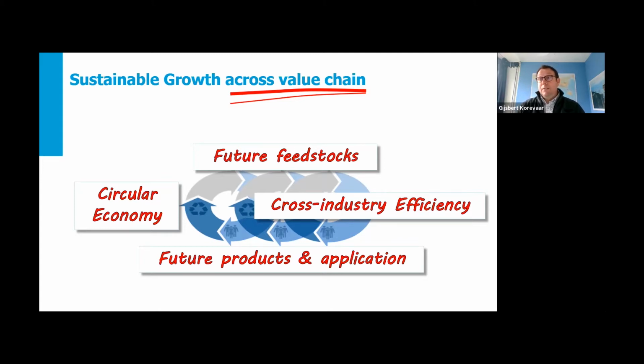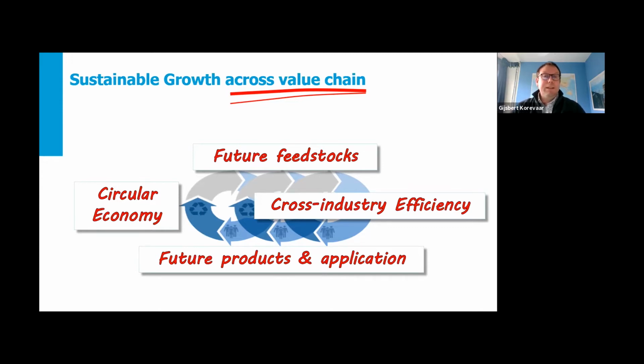Future products is also something that we like to develop. Sustainable development is not just going back and doing the things of the past, but also that new types of products and applications might be needed.